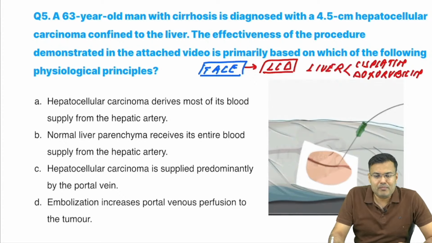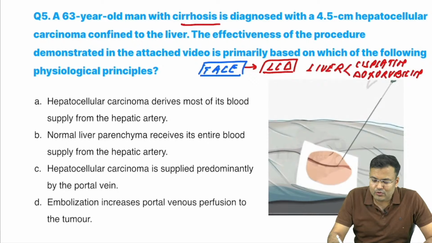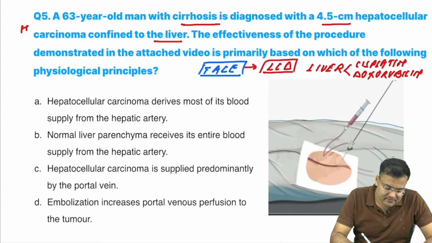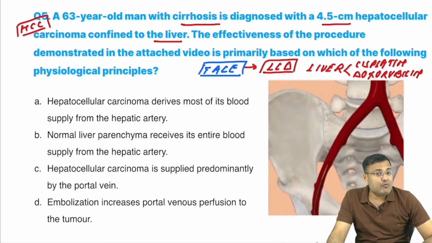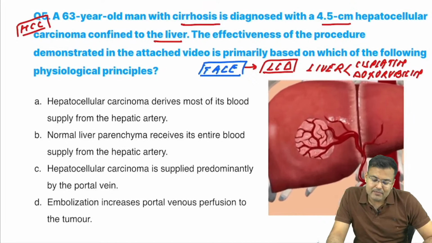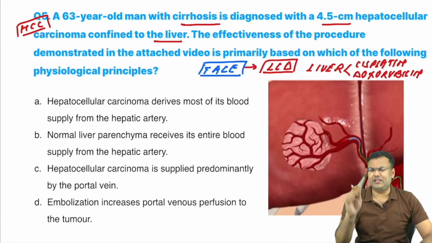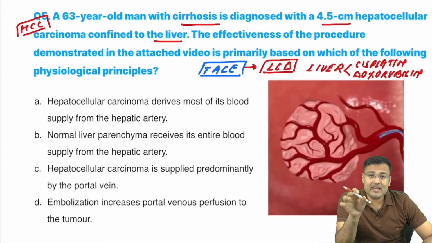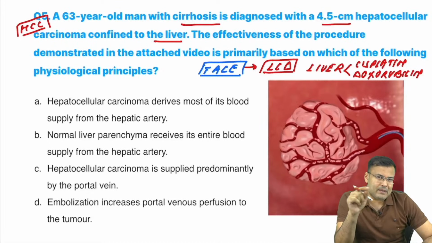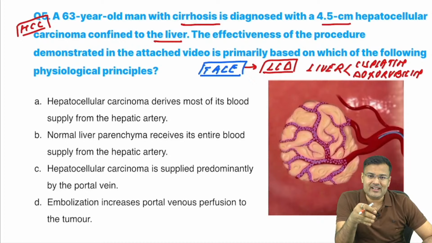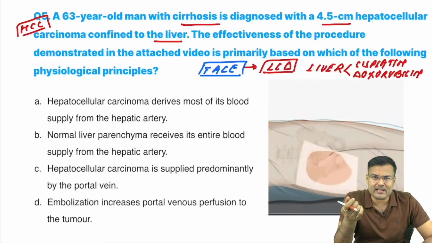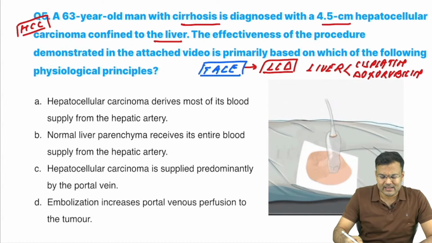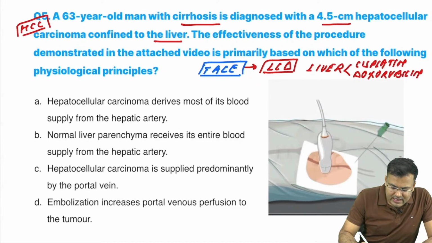A 63 year old man with cirrhosis, diagnosed with a 4.5 centimeter HCC, confined to the liver. Clear? The effectiveness of the procedure demonstrated in the attached video is primarily based on which physiological principle? Whenever you give a chemotherapy agent and an embolizing agent directly into the artery, it means the tumor is exclusively supplied by branches of the hepatic artery.